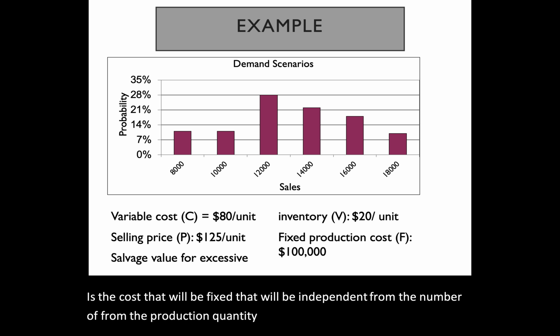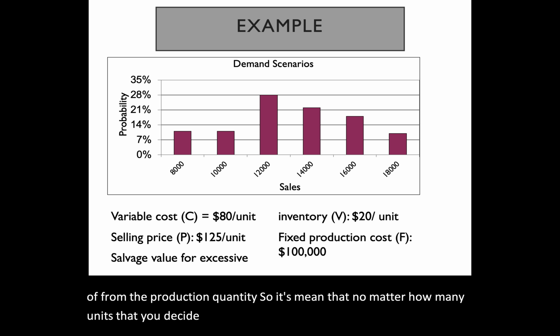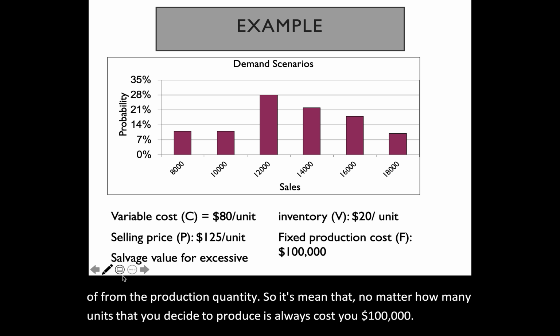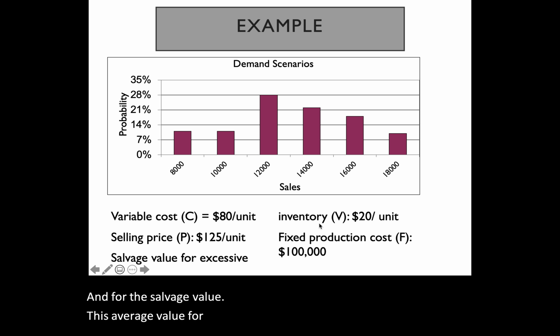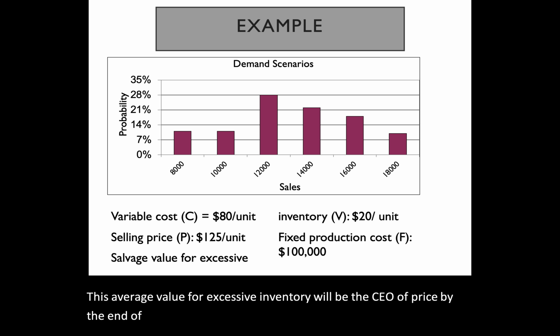So no matter how many units you decide to produce, it always costs you $100,000. And the salvage value for excess inventory will be the sale-off price by the end of the selling season.